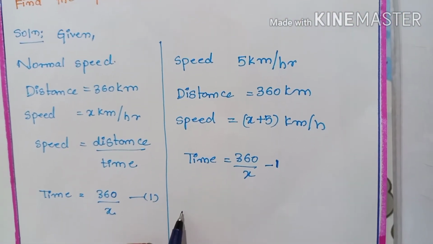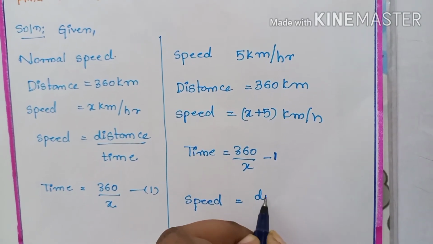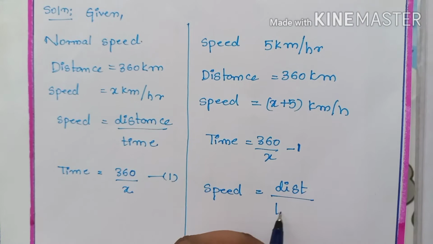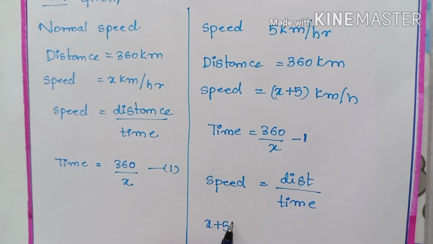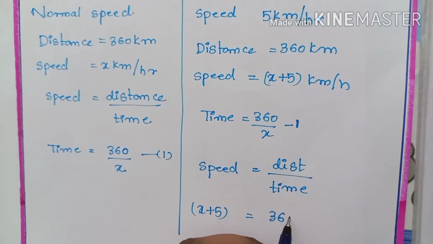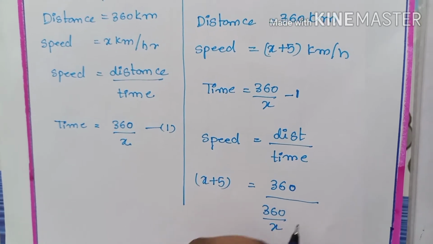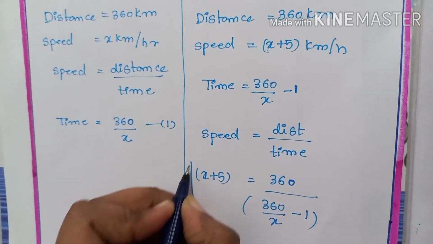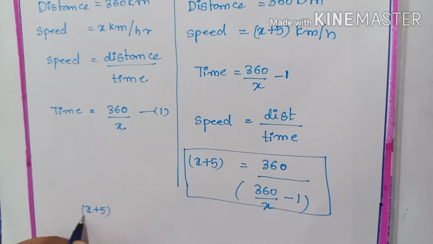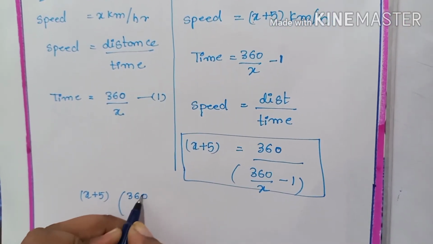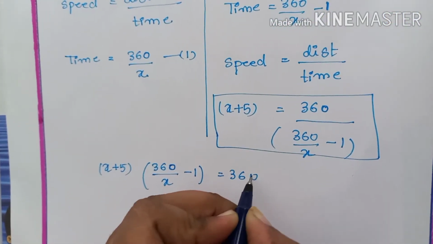Time is 360 by x minus 1. Now we know speed is equal to distance by time. Speed is x plus 5, distance is 360, and time is 360 by x minus 1. Now we need to solve this. That is x plus 5 into 360 by x minus 1 is equal to 360.